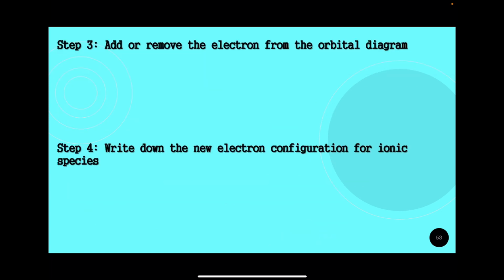Okay, first for sodium ion, this is the original one: 1s, 2s, 2p and 3s. So this is the original for sodium.